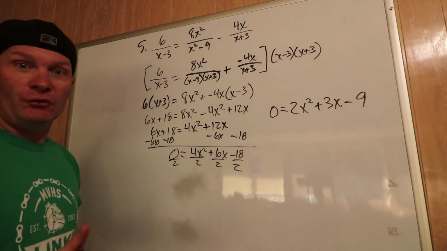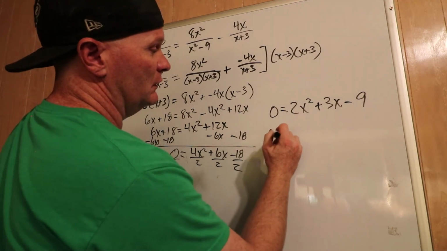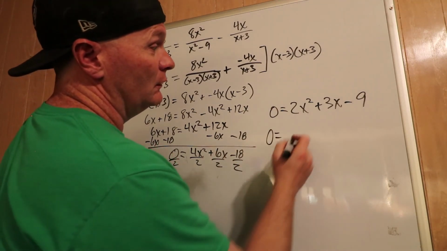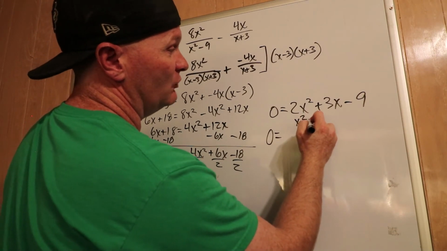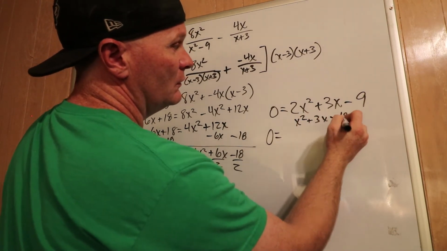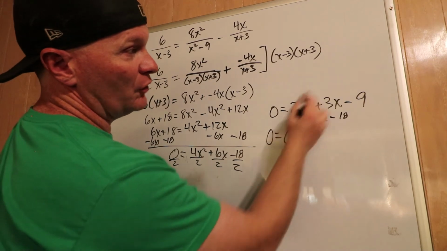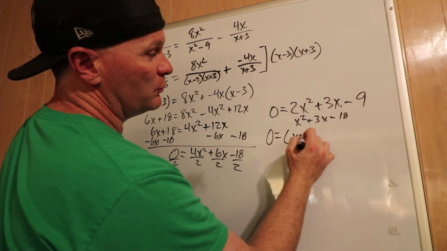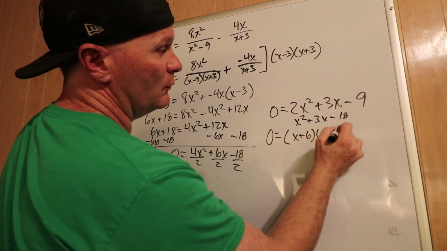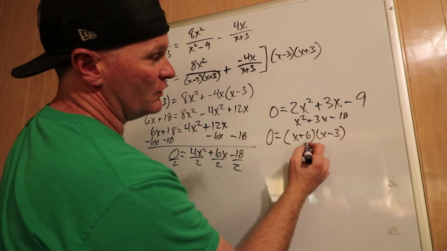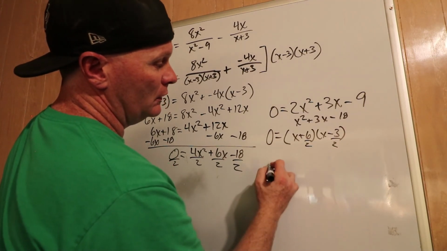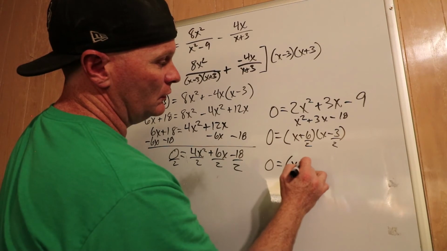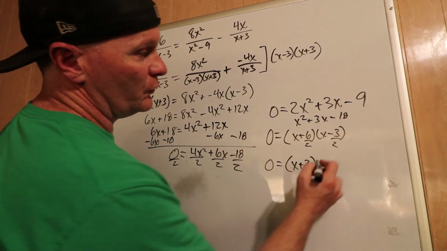You could use the quadratic formula. If you're really good at factoring, you might be able to use math magic to factor this. So it's going to be, see, I multiplied there. So I get x plus 6 times x minus 3. And then since I divided by 2, I get 6 divided by 2 is 3.